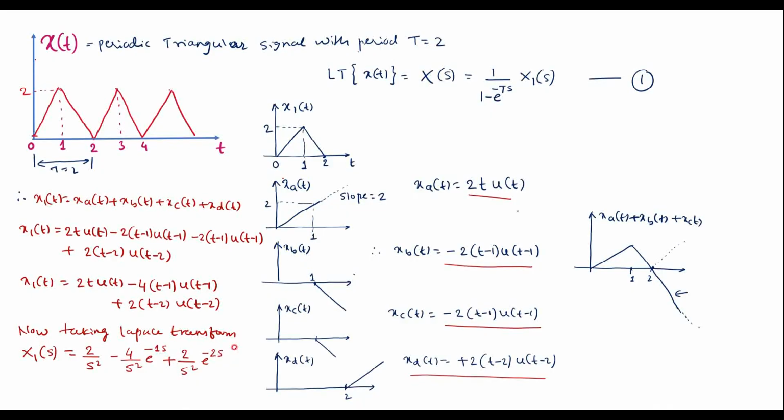So therefore, according to equation 1, x of s is equal to 1 upon 1 minus e power minus Ts, times x1 of s.